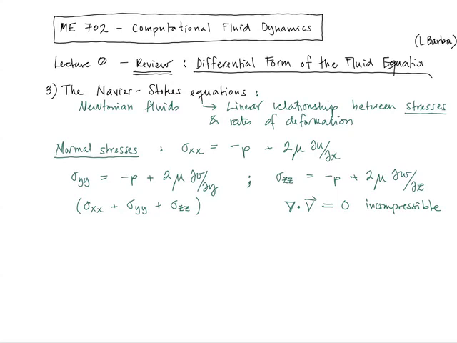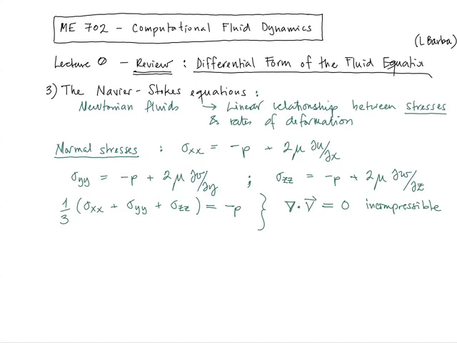So that means the sum of the 3 components of the normal stresses is equal to minus 3p, so 1/3 of the sum equals minus p. That is because of incompressibility.